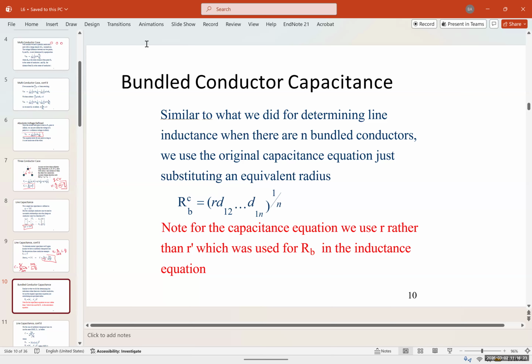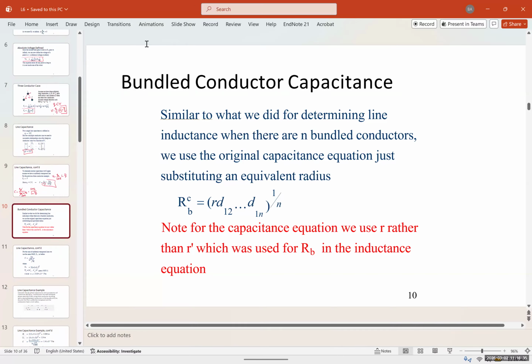This is for overhead transmission lines, where the lines are just separated by air. And it's an estimate, and I'll explain what happens when you have very high voltage. This equation works a little bit, but it's not very accurate.